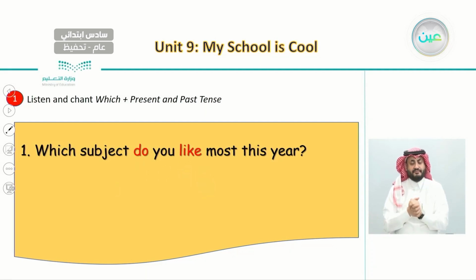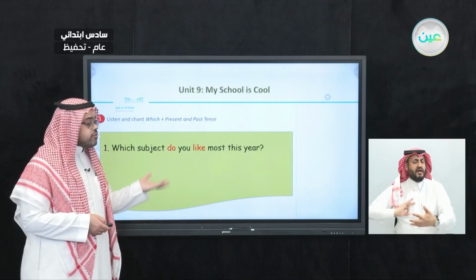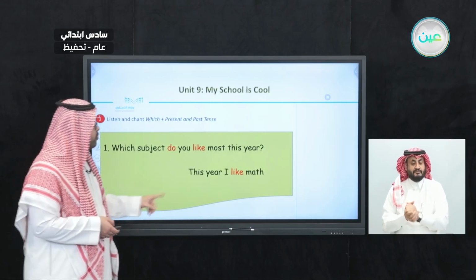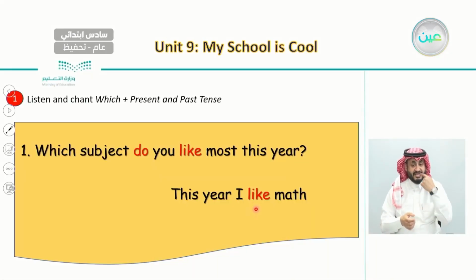So this question is in the present tense and it asks about a school subject. So you can have answers like, this year I like math. Here we use the present with do and also the present with like.